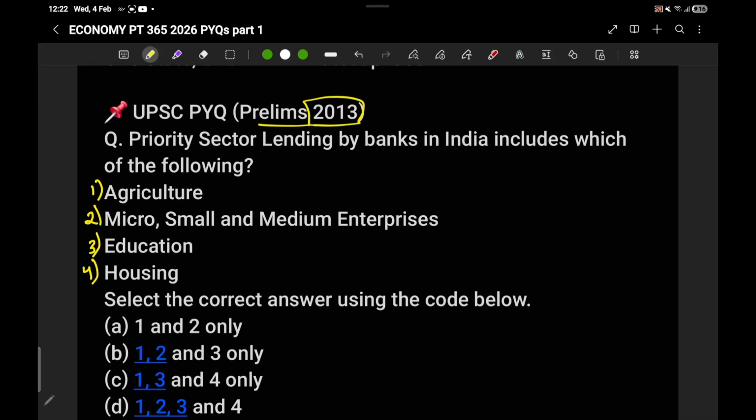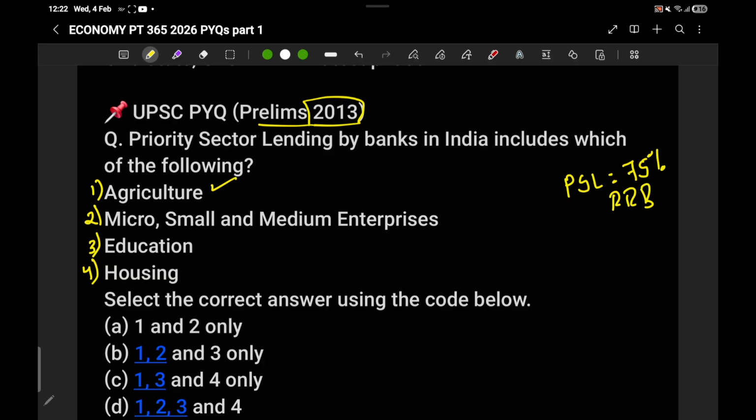2023 Prelims question. Priority sector lending by banks in India include which of the following? Okay, priority sector lending, PSL, 75% for regional rural banks. First one, agriculture, micro, small, medium enterprise, education, housing. Which all are included in PSL?